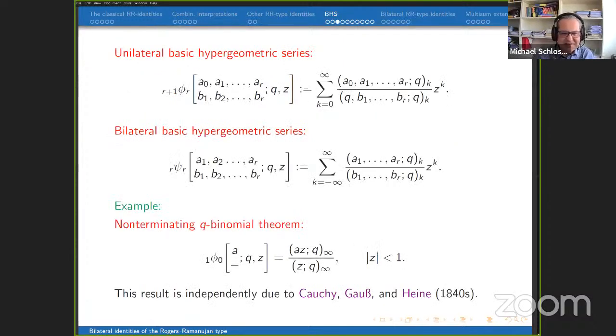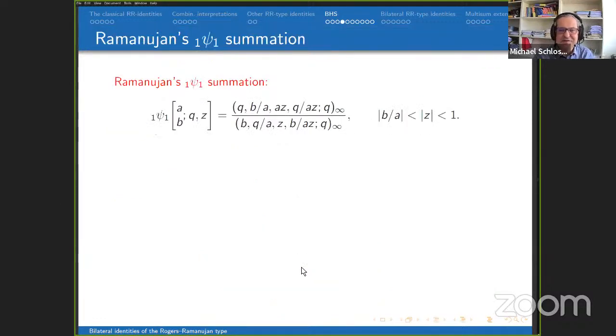So this q-binomial theorem concerns a unilateral basic hypergeometric series. There's a hidden q here, which is not denoted in the notation, but this is the lower parameter q. What about going bilateral? If we put a b here and have an identity which is infinite in two directions.